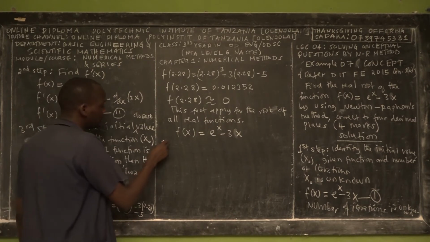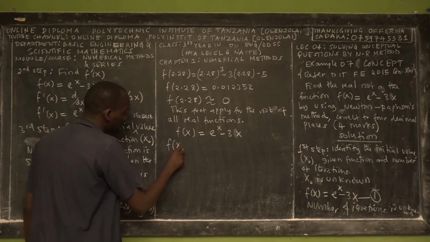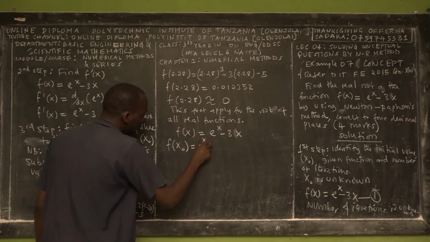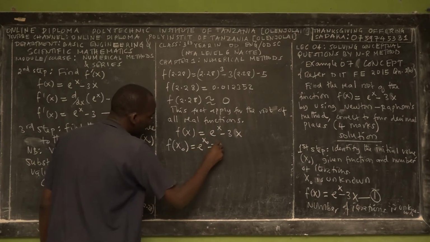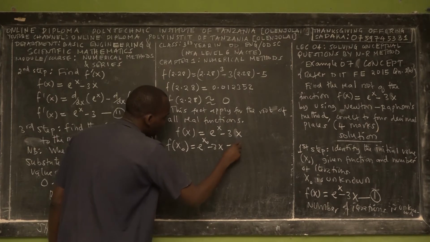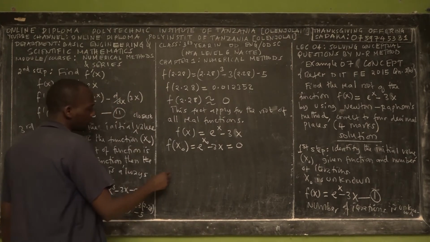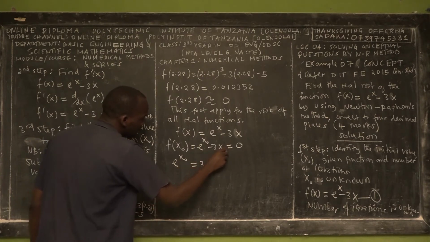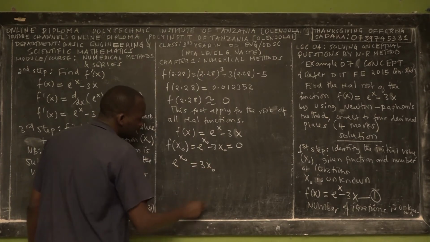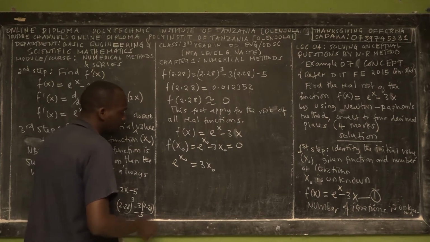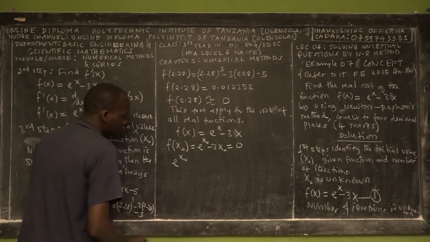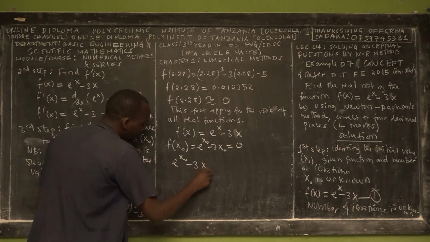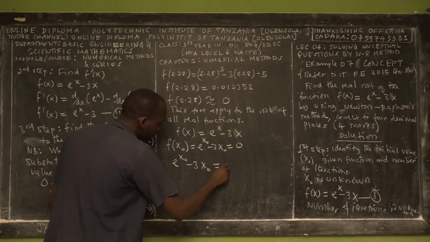So f of x naught, which is the initial value, will make e power x naught minus 3 x naught equal to 0. So e power x naught is equal to 3 x naught.